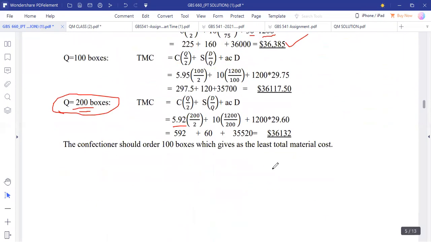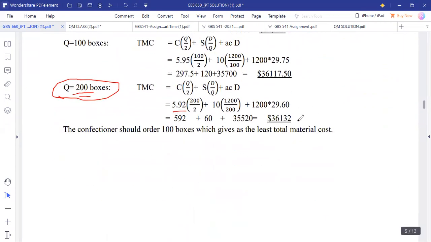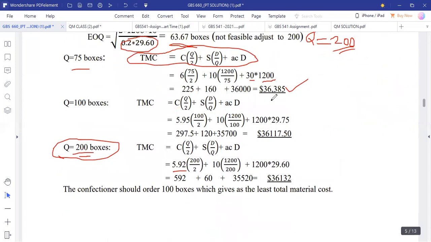All right, then, so we substitute here. We are getting a comparison, the total material cost at 100 boxes. If you have to buy 100 boxes, we're substituting in the total material cost formula the unit price or the acquisition cost.